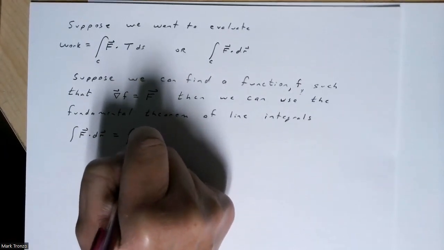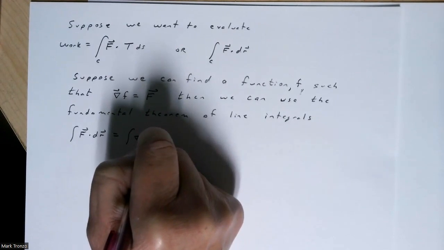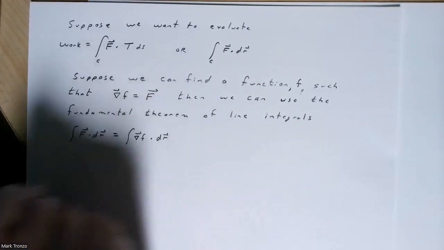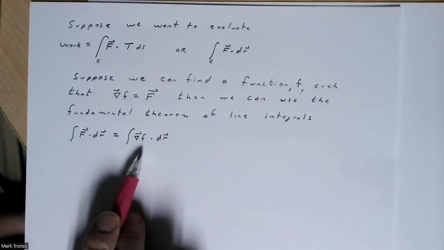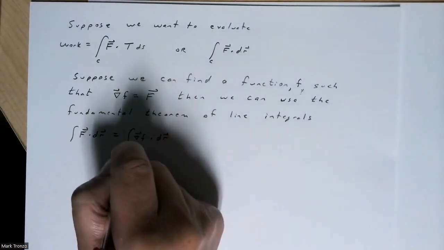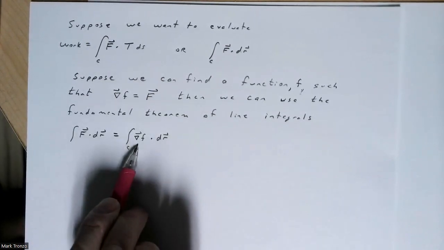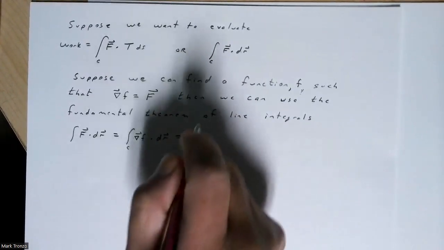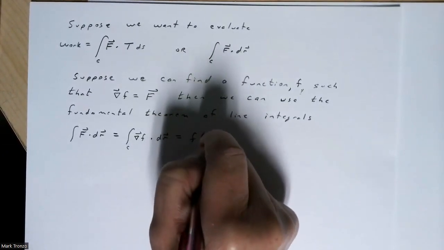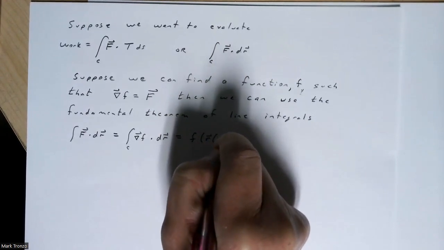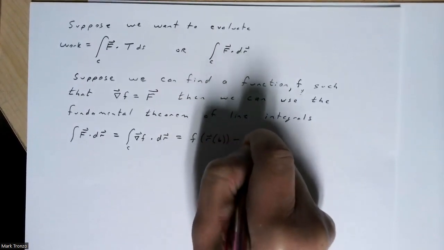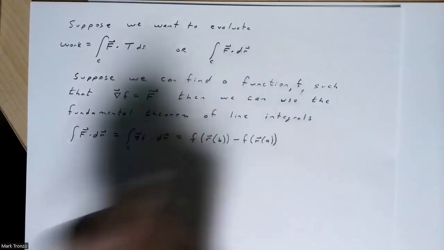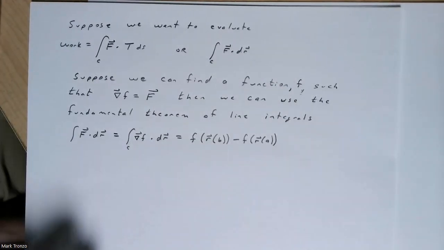We can say that this would be equal to this, and then recall that if we have an integral of this form, we can use the fundamental theorem of line integrals, which says you can evaluate the function at, say, the endpoint minus the starting point. And that's kind of our goal.